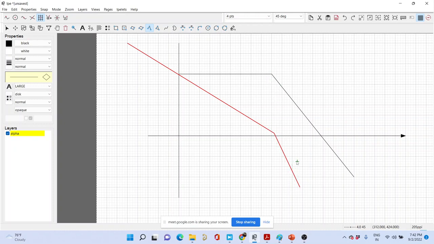Now see what problem you have created. First problem: you have shifted your gain crossover frequency from here to here, so your bandwidth has reduced.